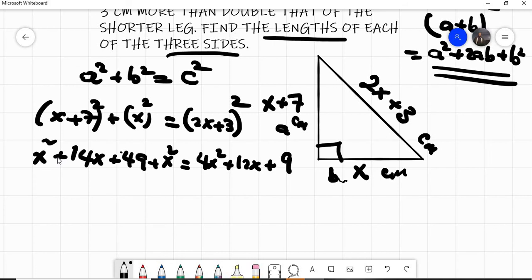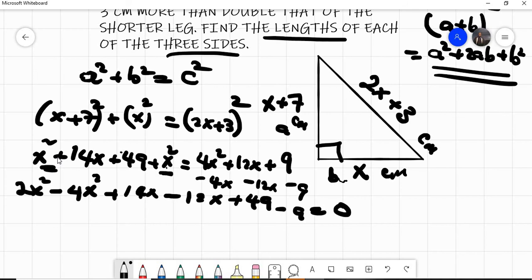Then all this part we're going to take to the left. Then we subtract 4x squared, 12x, and 9, and whatever we subtract from the left, we're gonna subtract from the right as well.